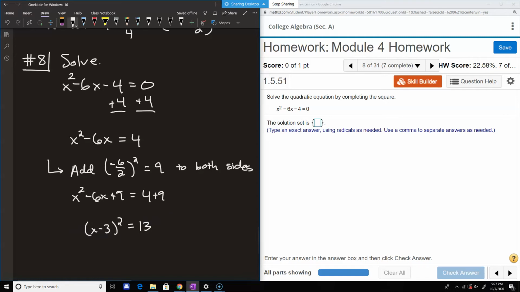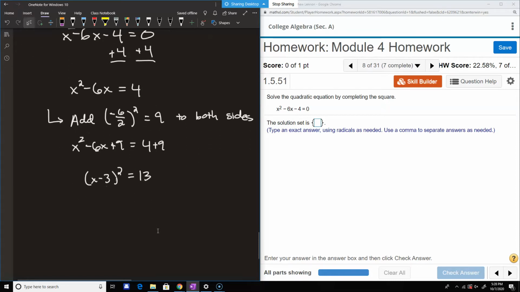And now what is this? This is one of those square root principle problems, right? We can say, okay, x minus 3 really has to be plus or minus the square root of 13. So we're building on the square root, and that's exactly where the quadratic formula comes from. So you'll start to notice the more complicated these problems get, the more they look like those answers that are negative b plus or minus the square root of b squared minus 4ac all over 2a, right?